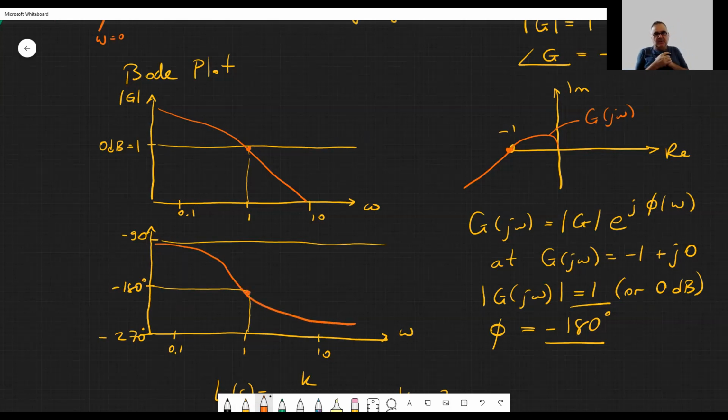Okay. But the important thing is exactly at omega equals 1, this value is 0 dB, and this value is -180 degrees. We are at the limit of stability, and here you have k equal to 2.